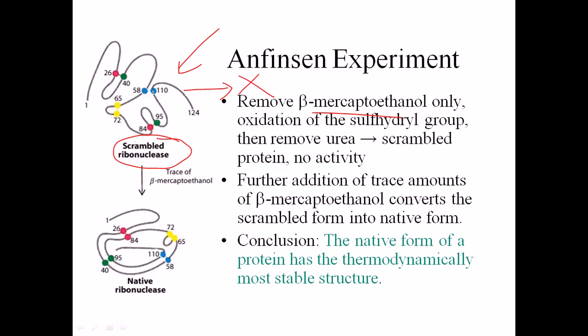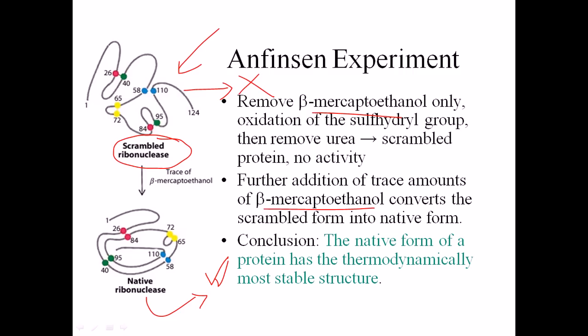Now, if a further trace amount of beta-mercaptoethanol is added, then we can see the scrambled ribonuclease suddenly gets a meaning. The scrambled ribonuclease finally makes a structure which is very much active, like the original native ribonuclease.